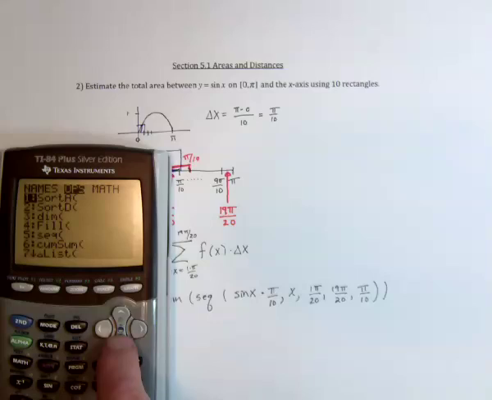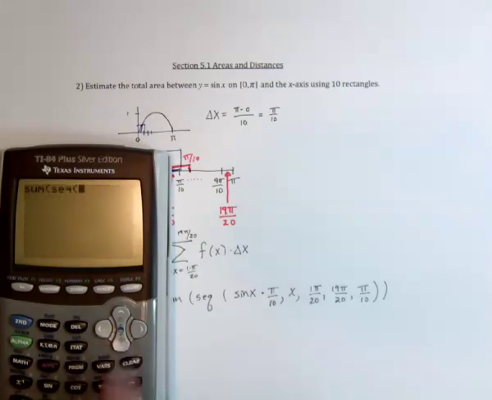It's also the fifth one, sequence. And then we've got sine of x times pi divided by 10 with respect to x being the variable, starting at 1 pi divided by 20 and going to 19 pi divided by 20 in increments of pi over 10.